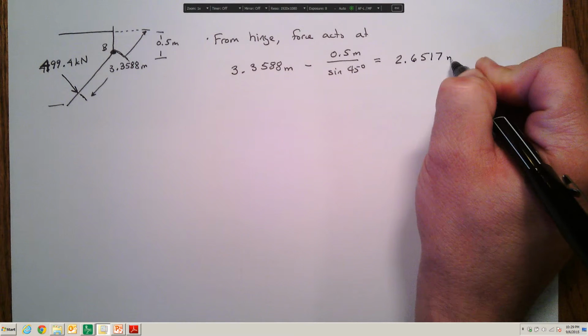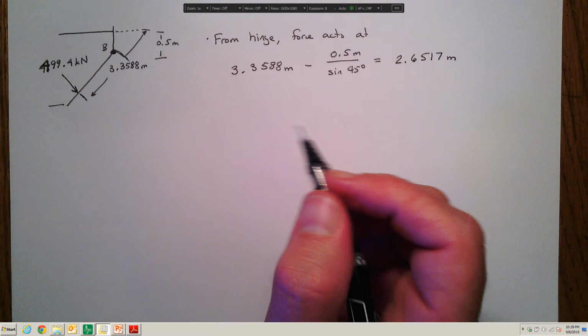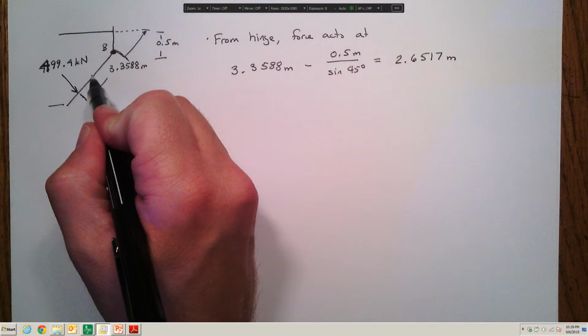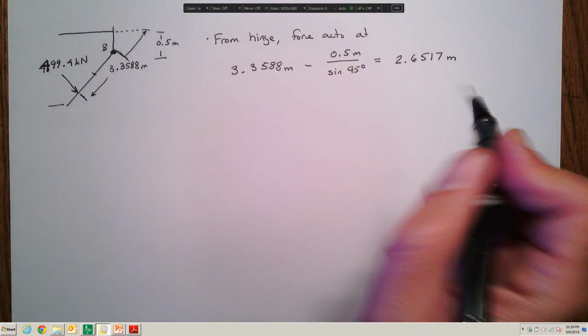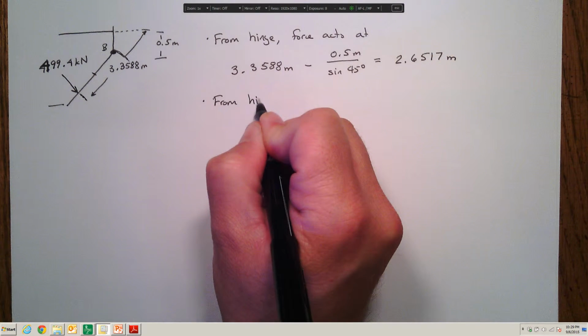which gives us 2.6517 meters. We also need to calculate the distance from the hinge to the centroid. Let me write this down.